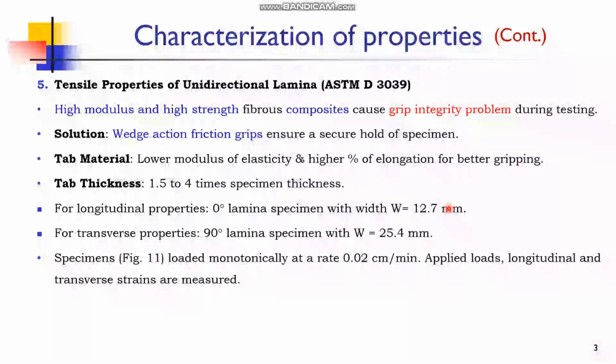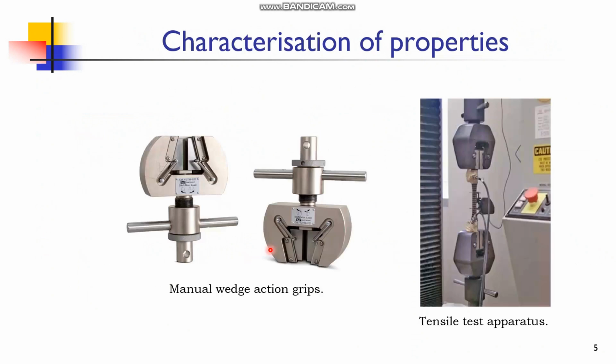First is longitudinal properties, the property along the fiber direction. For that, a lamina with 0-degree ply, fibers oriented in the 0-degree direction, having width 12.7 mm is used. For finding transverse property, a 90-degree lamina with width 25.4 mm is used. This specimen is loaded at a rate of 0.02 centimeter per minute.